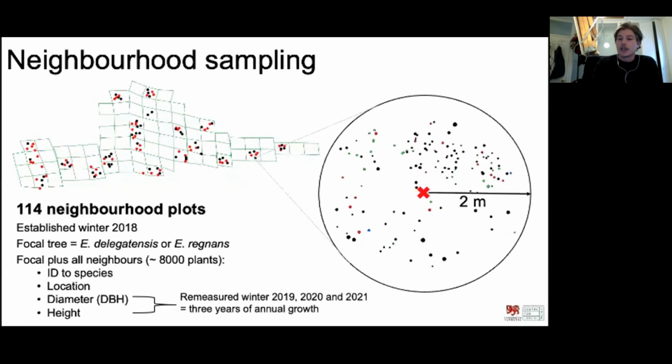We remeasured these plants in each of the next 3 winters. So we have 3 years of annual growth data, and we recalculated the neighbourhood effect based on these new measurements when we remeasured those 8,000 plants, those 8,000 neighbours.